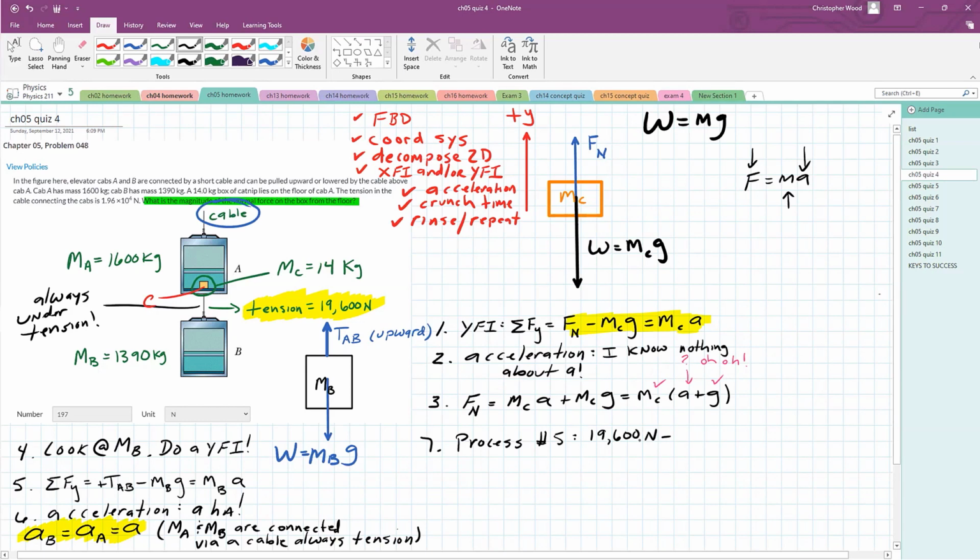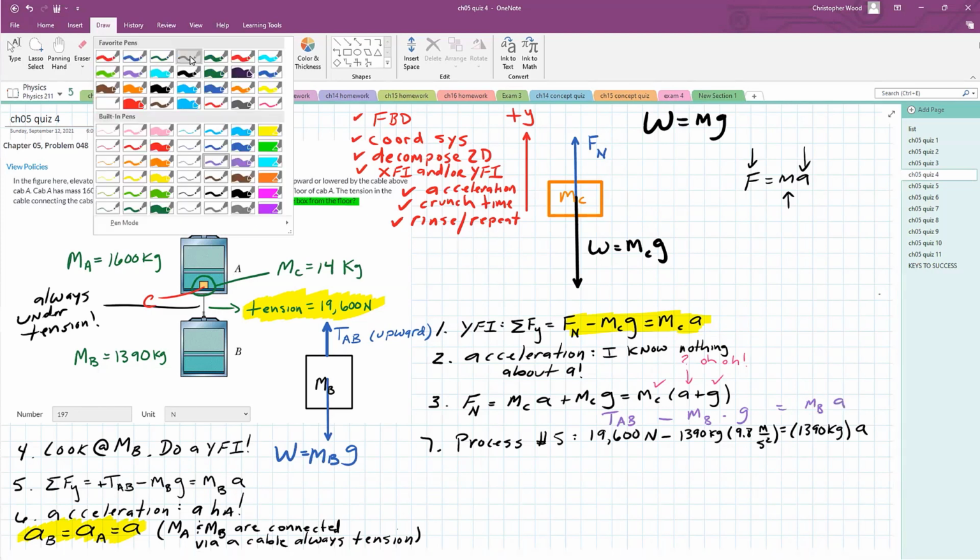The mass of B for me is 1390 kilograms times G, where G is 9.8 meters per second squared, equals the mass of B, 1390 kg, times A. So this is equation number 5 processed a bit. This is TAB. This is mass of B times G equals mass of B times A. So that is good, I think.